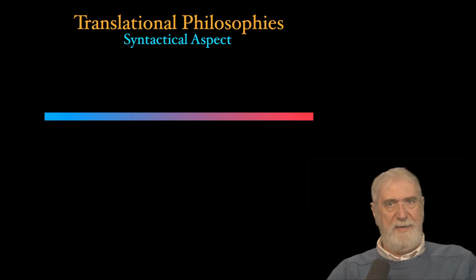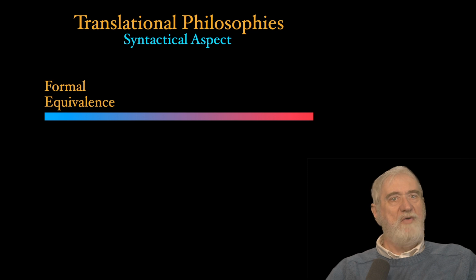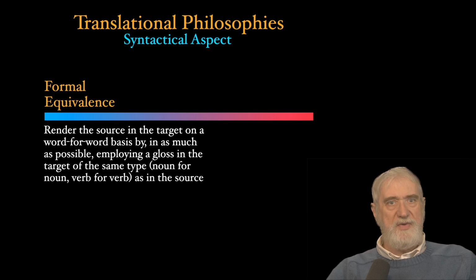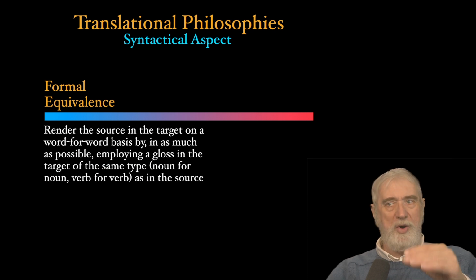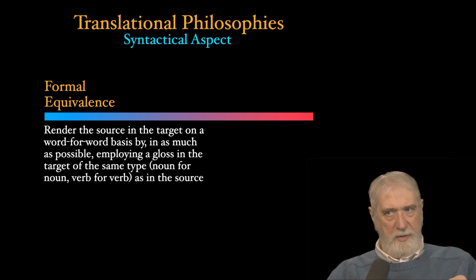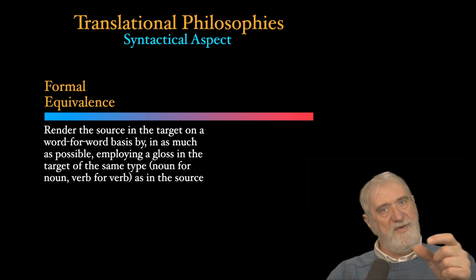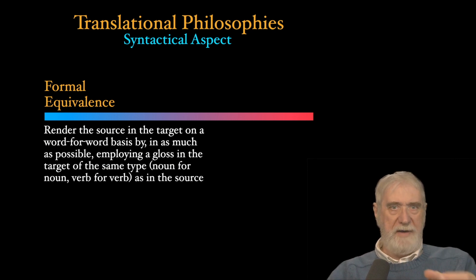At one end of the spectrum, we have what we typically call formal equivalence. Formal equivalence is rendering the source text into the target text on pretty much a word by word basis as much as possible, employing a gloss in the target language for the same type of word in the source language.